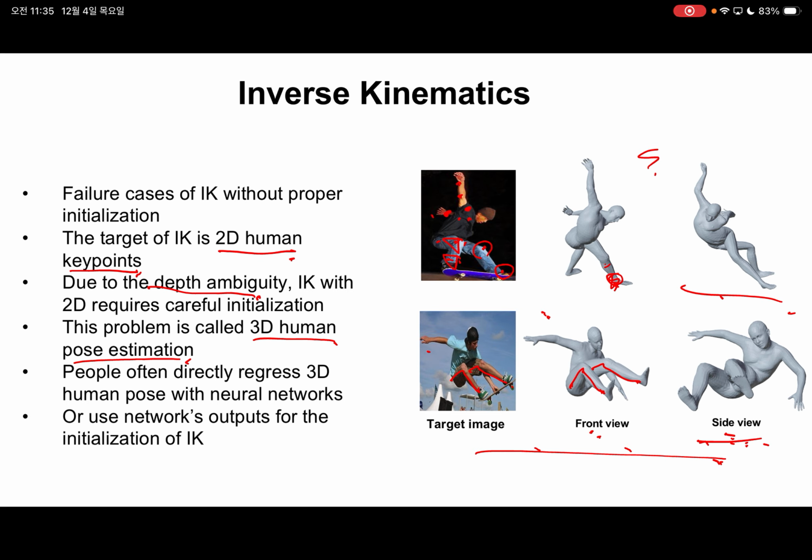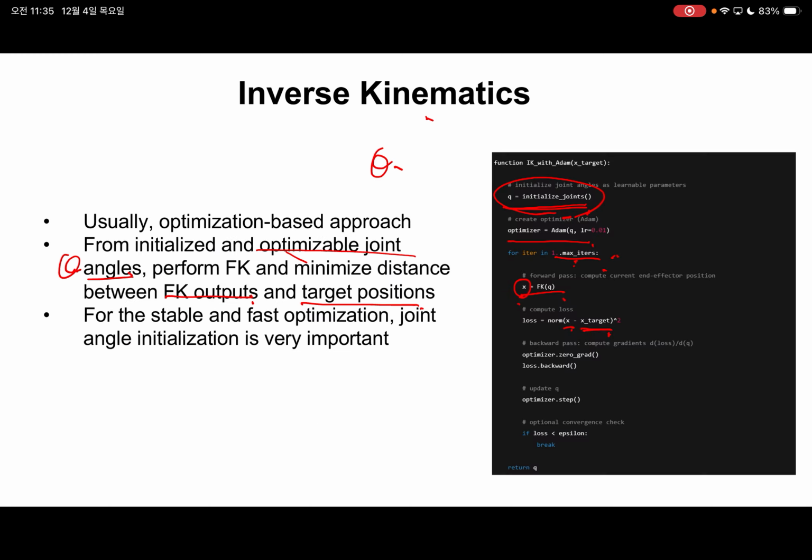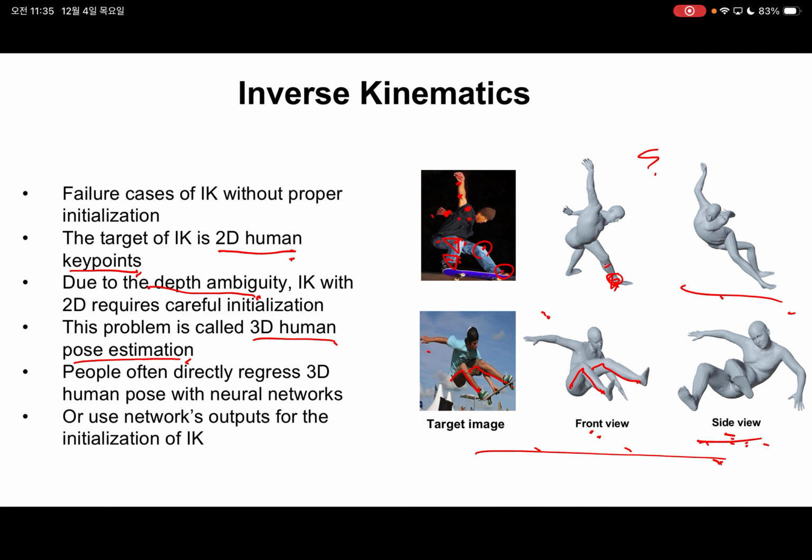And there's high overlap between robots and humans, right? For robots, we're also interested in IK and getting joint angles for the target position. Human is actually the same. Anyway, for this specific task, 3D pose estimation, one way is to regress the 3D human pose with a neural network without iterative IK.